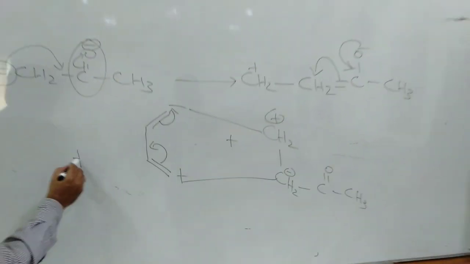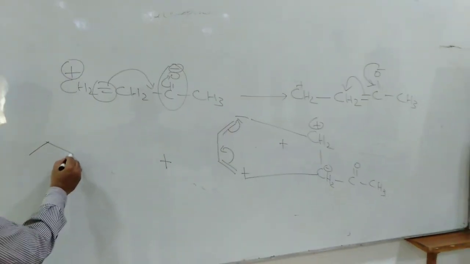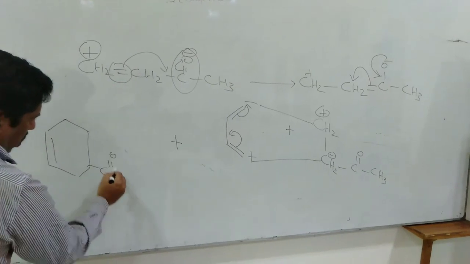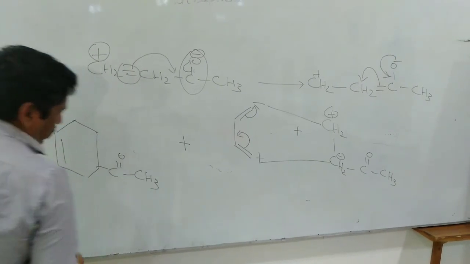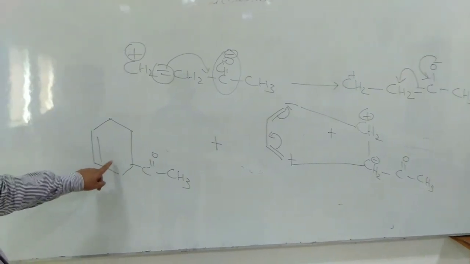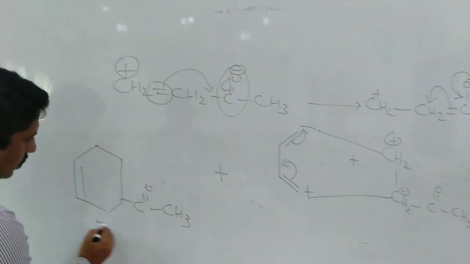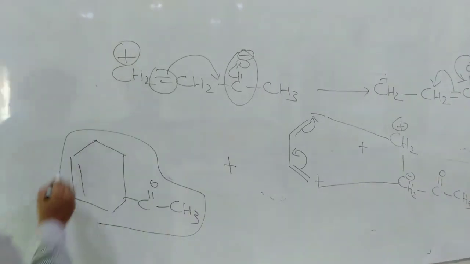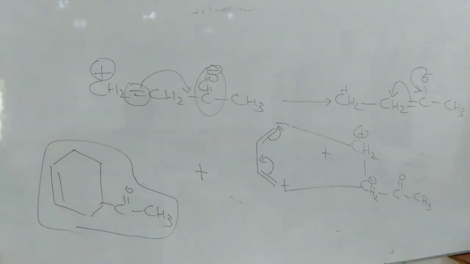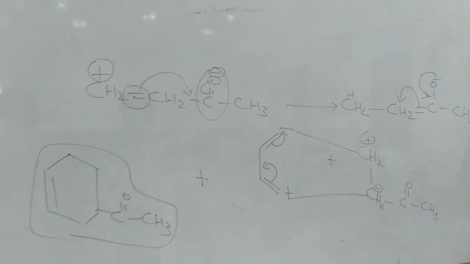So your new structure will be formed. That is acetyl cyclohexene. That is also an example of Diels-Alder reaction.